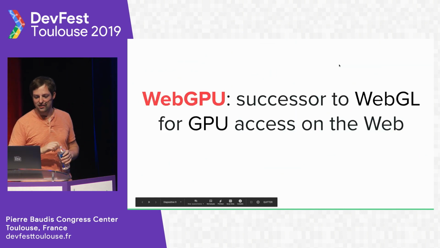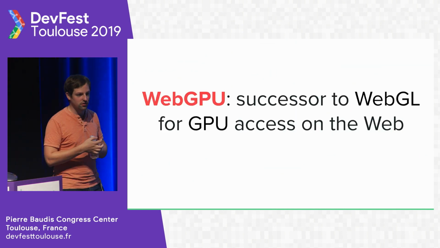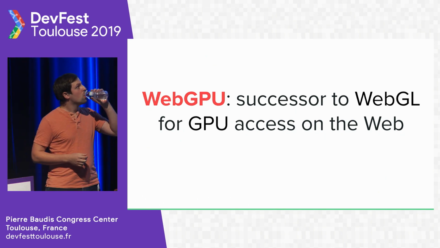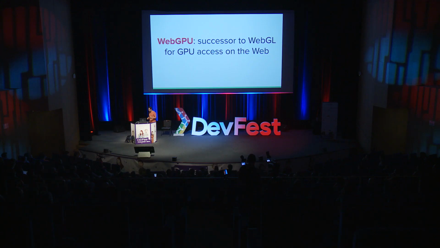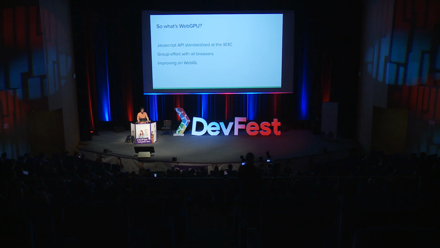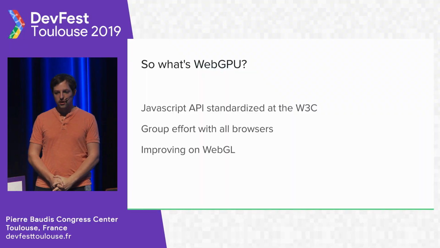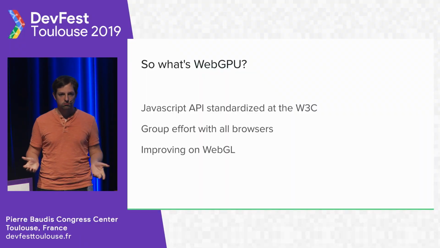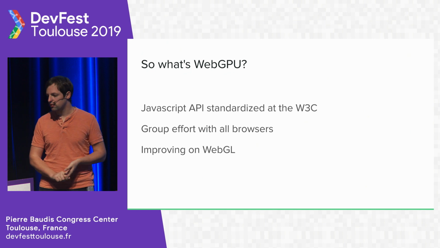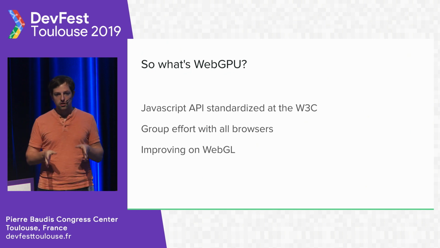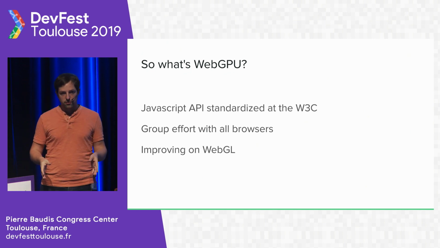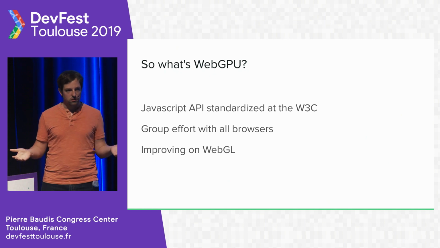And now we're going to talk about WebGPU for the rest of this talk. So WebGPU is also a JavaScript API, and it's being standardized at the W3C, where a lot of the JavaScript APIs are being standardized. And what's important here is that WebGPU is a group effort with all the browser vendors involved.